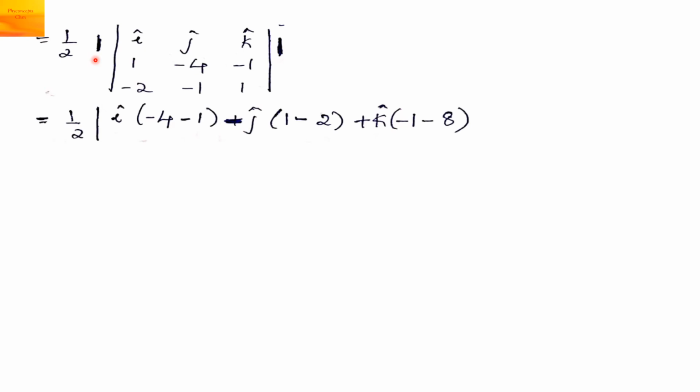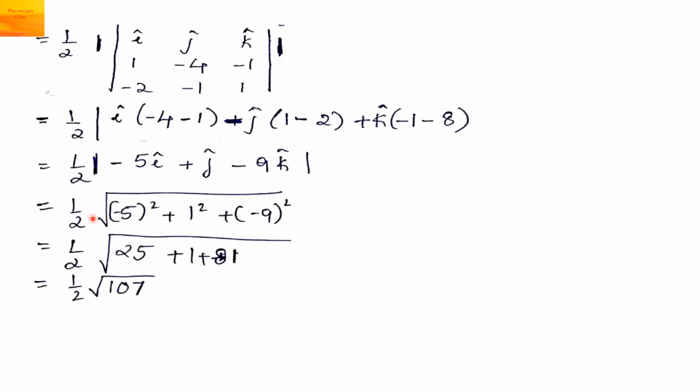Solving the determinant we get this. So the vector is minus 5i cap plus j cap minus 9k cap. We have to find its mod, that is a magnitude. So that will be half into square root of minus 5 square plus 1 square plus minus 9 square. So that will be square root of 25 plus 1 plus 81, and you get half into square root of 107.